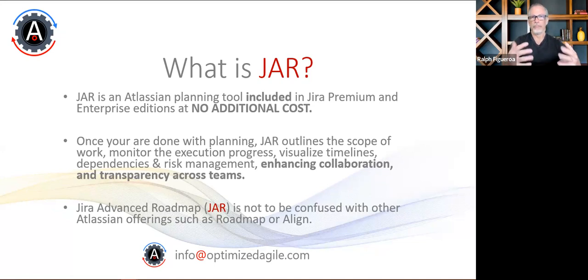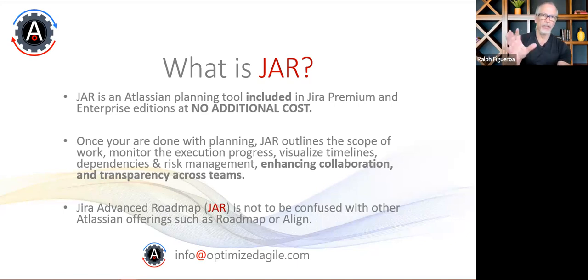Once you're done planning, so beyond just the planning stages, JAR is very useful to provide updates, showing for example the scope of a release or a PI planning, monitor the execution, being able to map and visualize timelines, as well as identify dependencies across multiple teams and manage those dependencies.